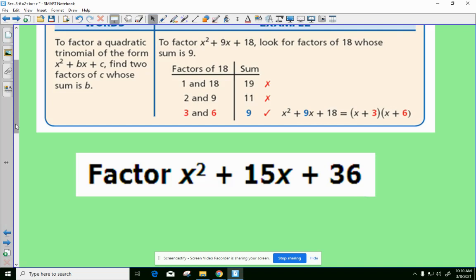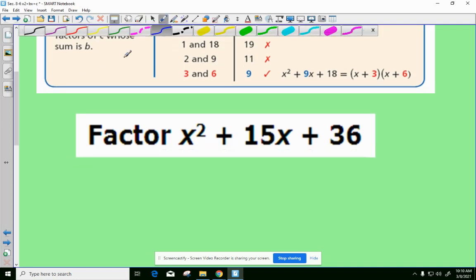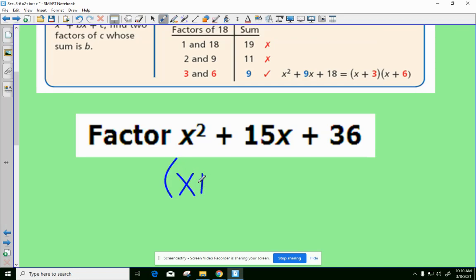Okay. Now, in order to write this, though, what's it going to look like when I write it? If the two numbers are 12 and 3, very good. One set of parentheses is going to say x plus 12. The other set of parentheses is going to say x plus 3. Does it matter which one of those sets of parentheses I write first?